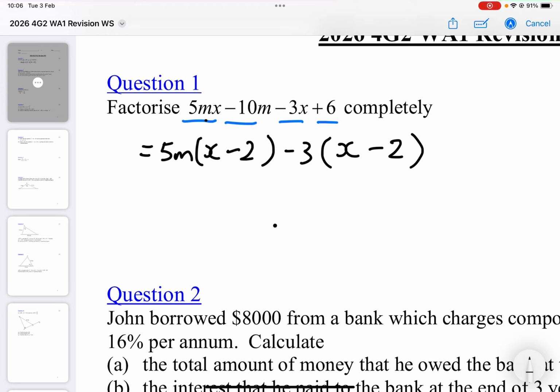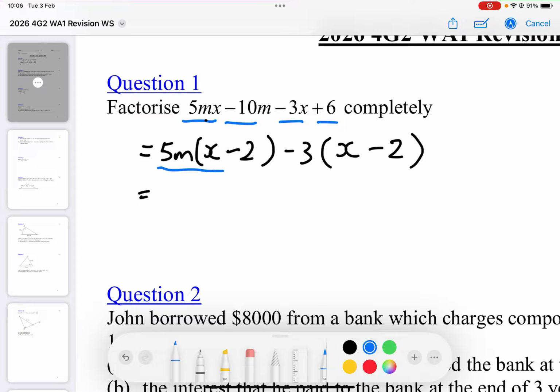Once I see this, the first 2 terms become the front term here, and the back 2 terms become this term over here. If I look at them carefully, 5m multiplied by a bracket, minus 3 multiplied by a bracket. So it is actually a bit like 5 times m times something minus 3 times something. I see the bracket together as one thing.